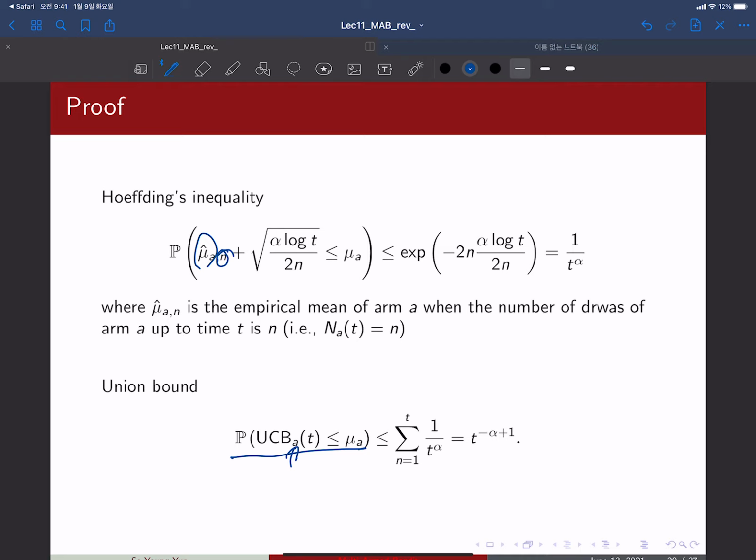When mu hat is very small at the initial point, then the number of plays of such an arm may be less than usual. Okay, so the n value here may depend on mu hat. So we have to decouple mu hat and the n value. That is the key part of the UCB type of algorithm. That is why we cannot directly apply the epsilon greedy analysis to the UCB optimistic algorithm.